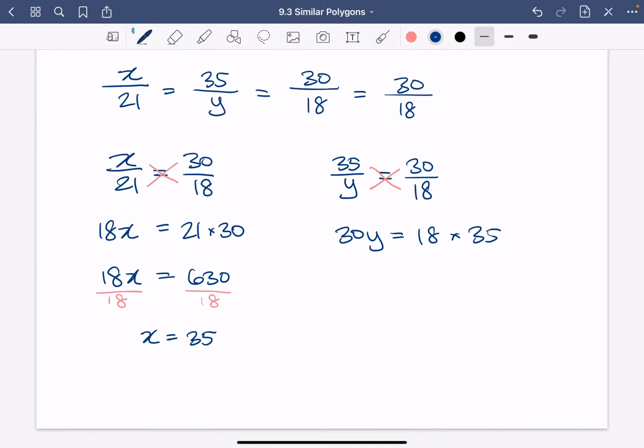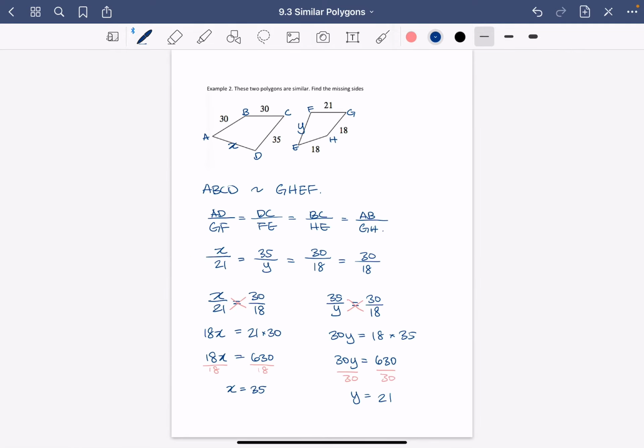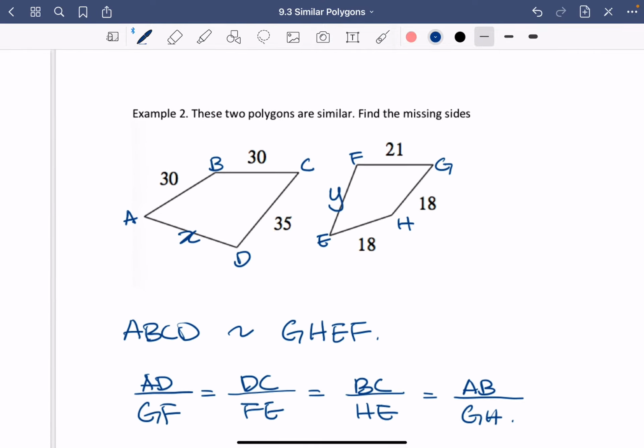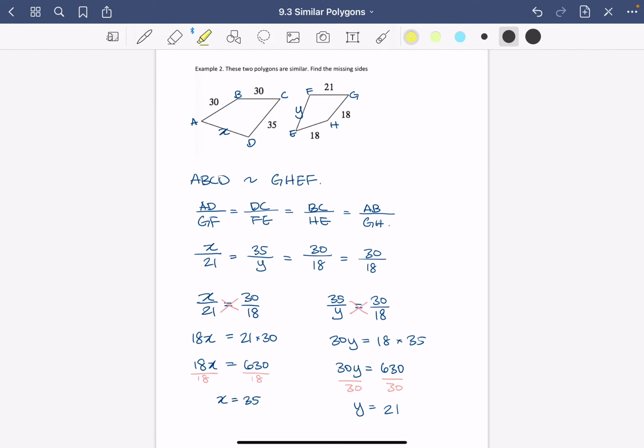So 30y is equal to 630 as well. So divide both sides by 30. We'll get that y is equal to 21. Okay? So that's it for today's lesson. Our final answer is x equal to 35 and y equal to 21.